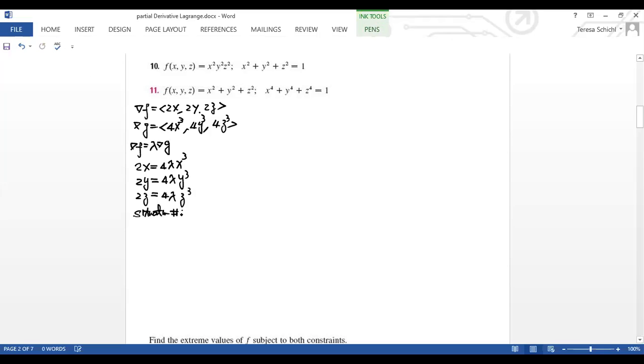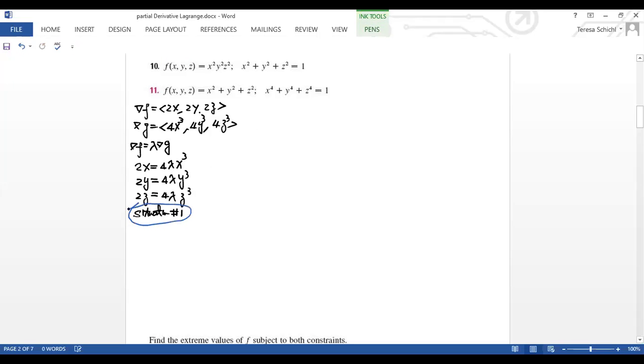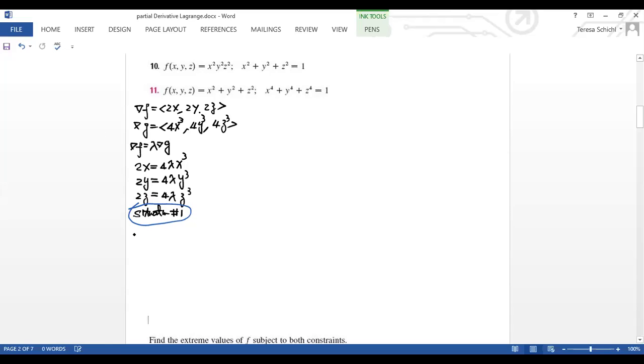Let's say here, because I want to solve for lambda, right? Situation number 1 is x is not equal to 0, y not equal to 0, z is not equal to 0.